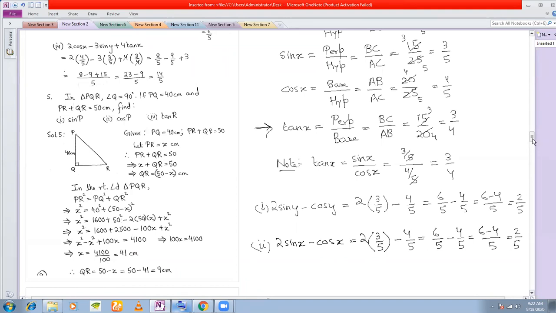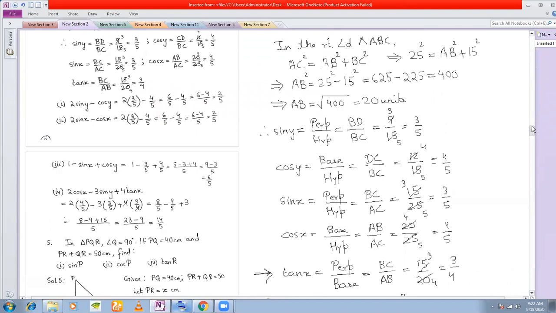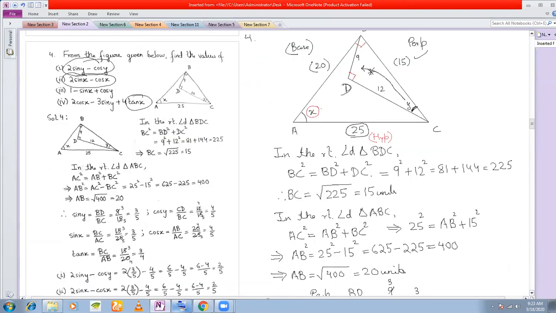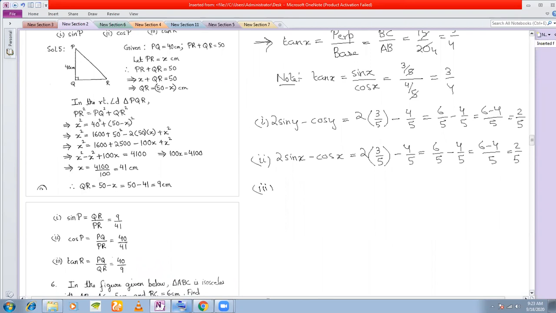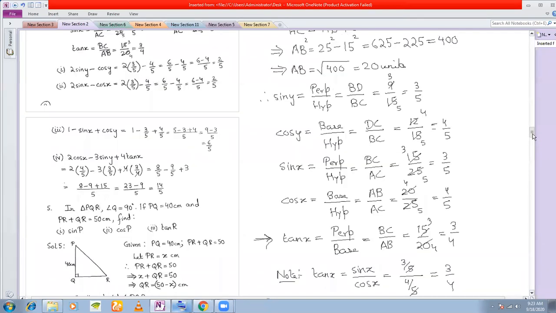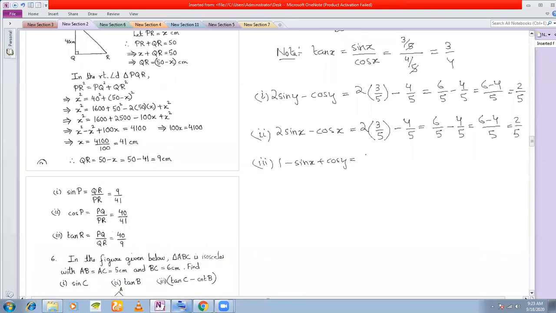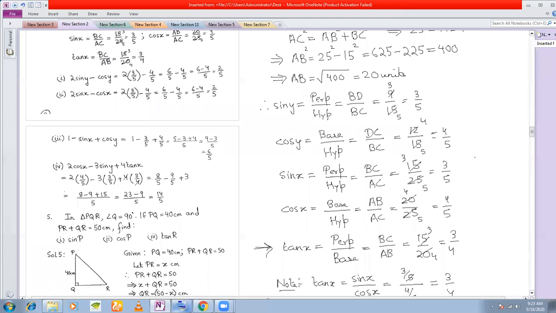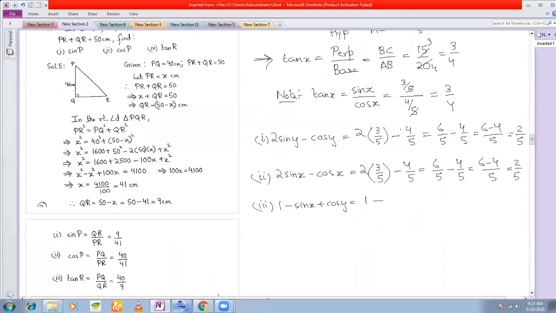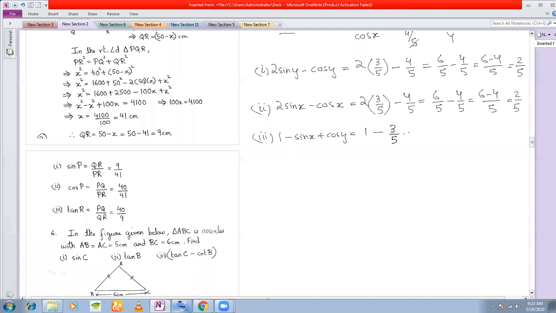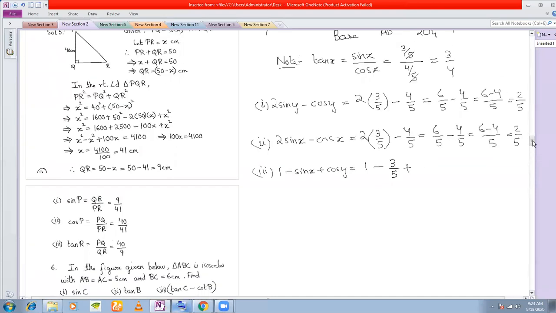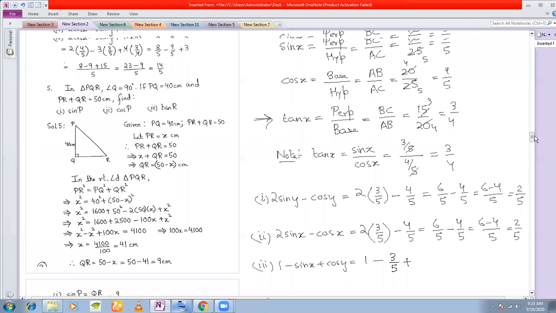The next question here is 1 minus sin x plus cos y. Let us now see what are the values that we have found out. So this is 1 minus sin x, we have found out here as 3 by 5, plus cos y we have found out here as 4 by 5.